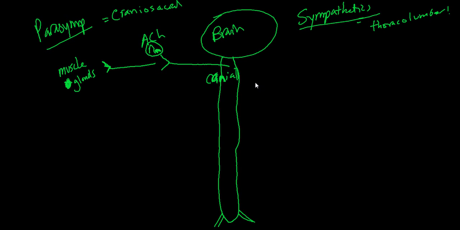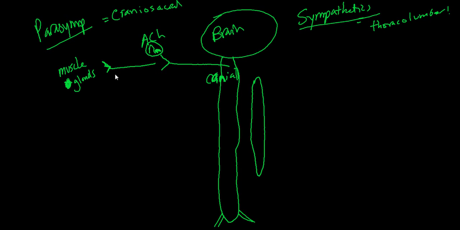So then we've got a thing called the sympathetic chain, the paravertebral chain, the paravertebral ganglion. It's going to be a chain. And so here's our spinal cord. This chain is going to run along the vertebral bodies, and this is going to indicate our thoracolumbar region. This is where our sympathetics come out.